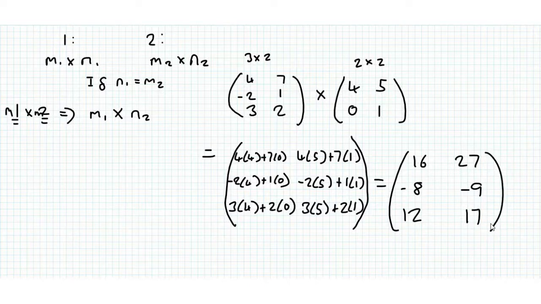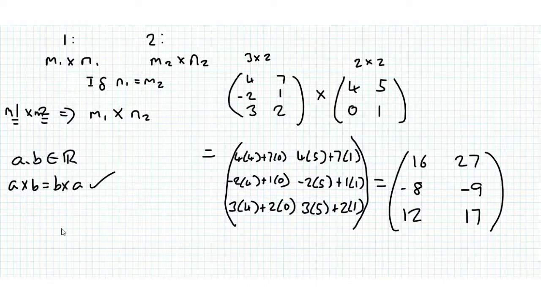Okay, a couple of important things to know. When we're dealing with normal numbers, so if A, B are real numbers, A times B is equal to B times A. Okay?